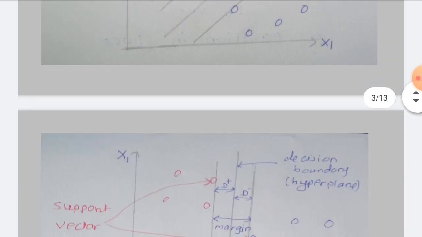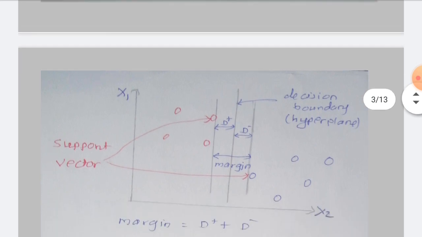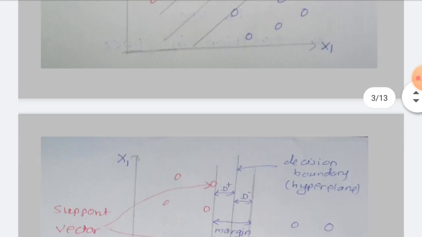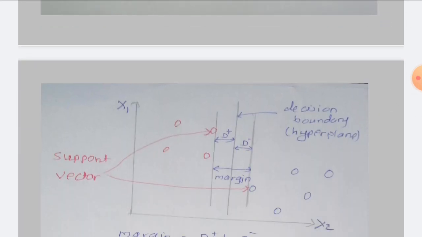Now here another diagram is shown in which the line is drawn vertically. See the middle line, that line is known as the decision boundary or the hyperplane. So one can draw this hyperplane in this way, or one can draw the hyperplane in this way.